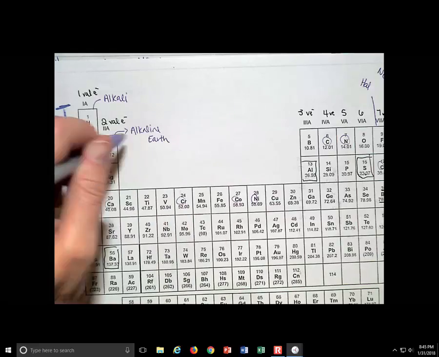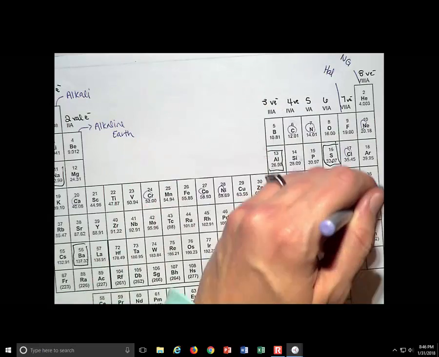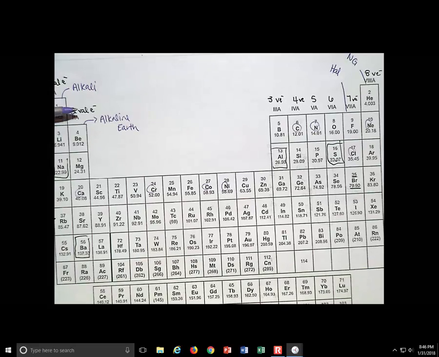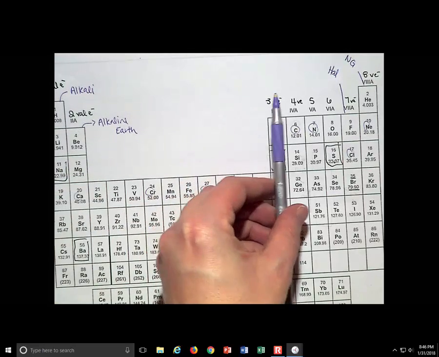And then we have metals over here, non-metals over here. Periods, this direction, groups, this direction.